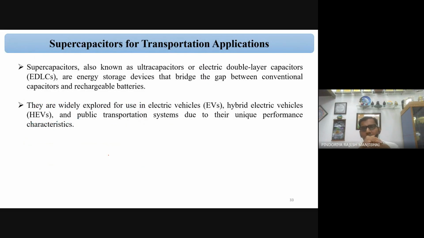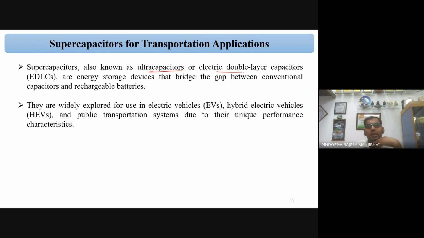Now the last topic of this unit, the supercapacitor. A supercapacitor is nothing but your normal capacitor, but using advanced technology we can make the supercapacitor, otherwise called the ultracapacitor. Maybe you have heard about the ultracapacitor as well as the supercapacitor.